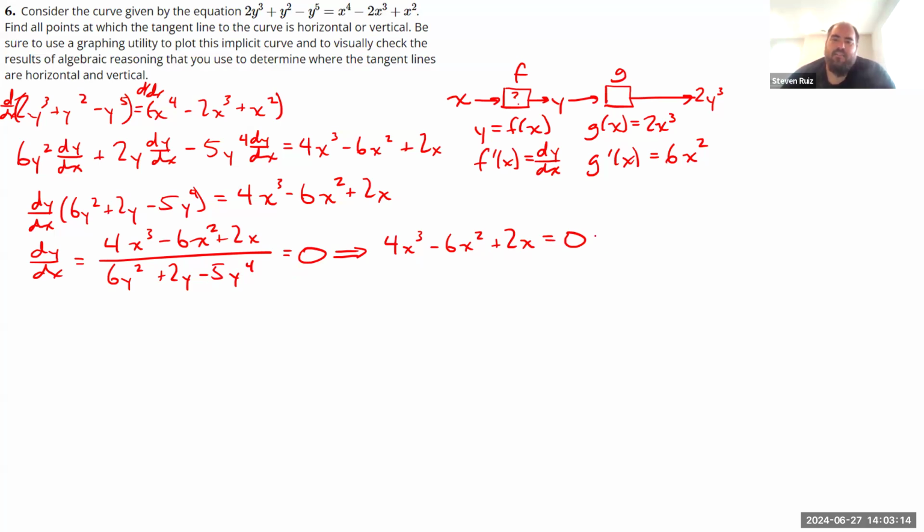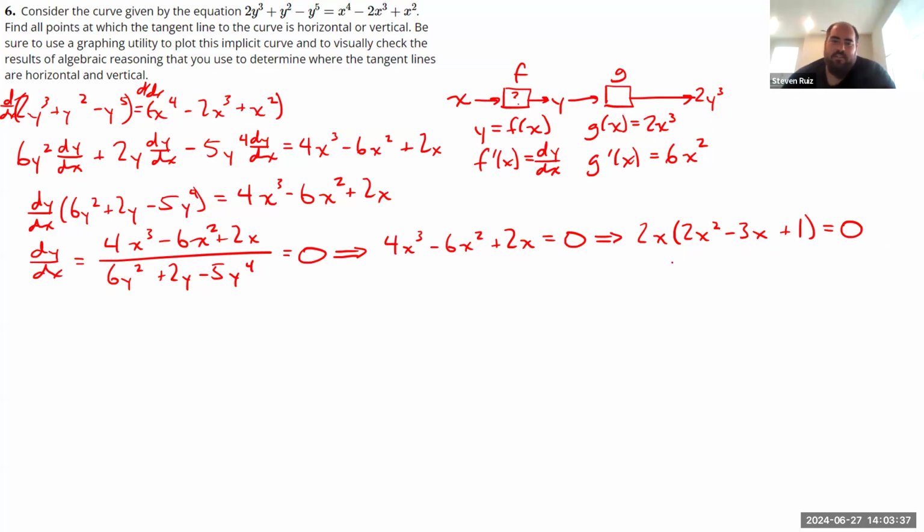How can we solve that? Well, I noticed that I can factor out a 2 and a single power of x from everything. So I factored out 2x. I get 2x squared minus 3x plus 1 equals 0. And can I factor this quadratic?